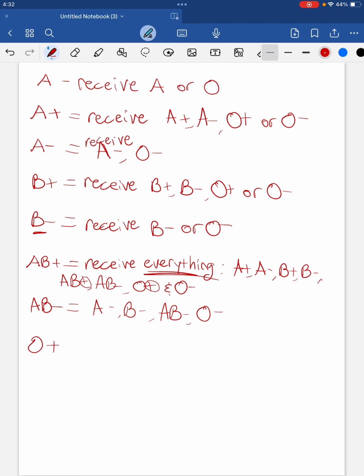People with type O positive only have the Rh antigen. So that's all they have. So they can receive O positive or O negative.